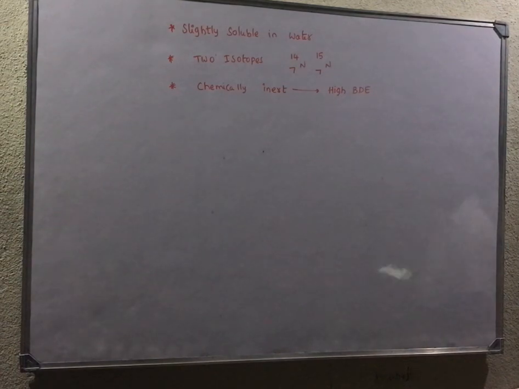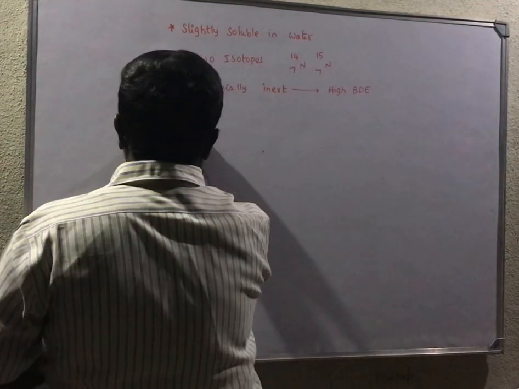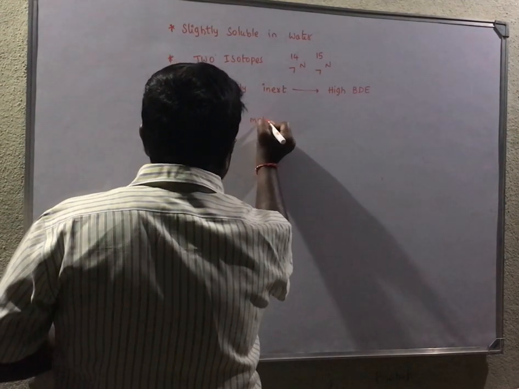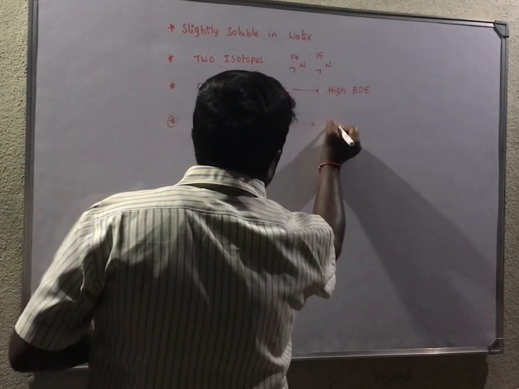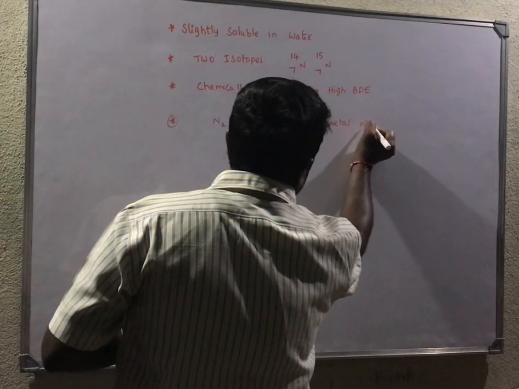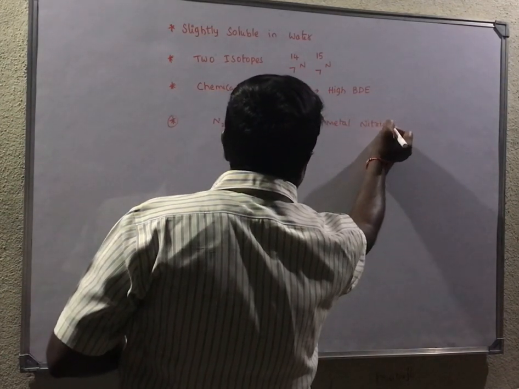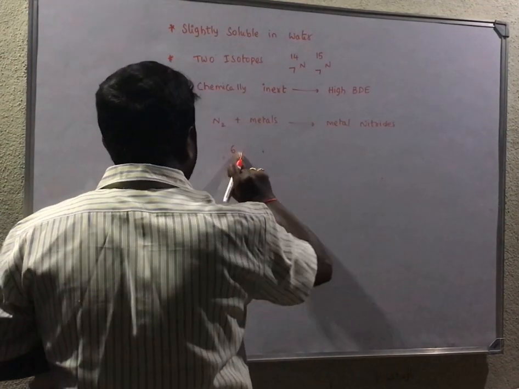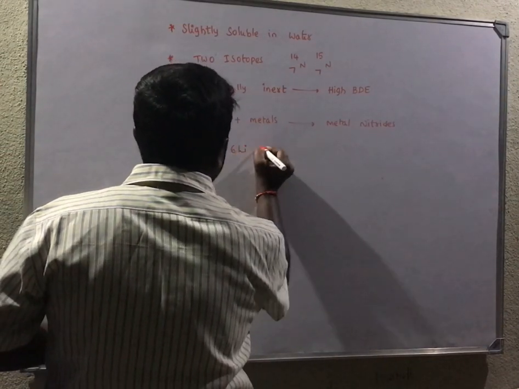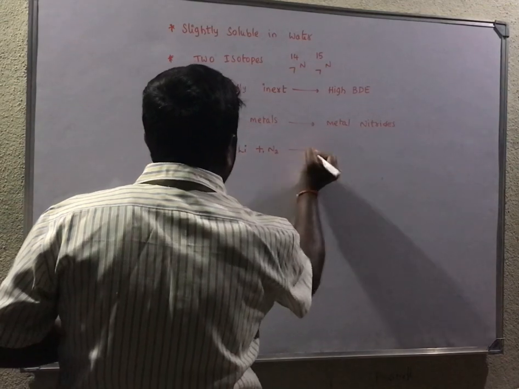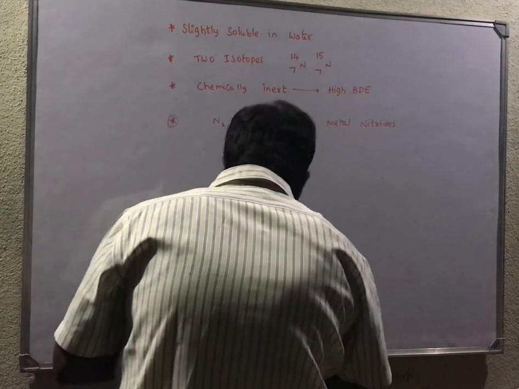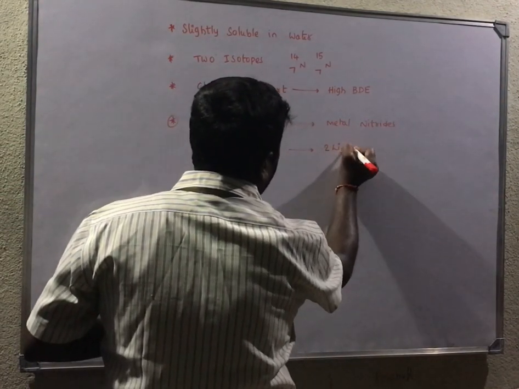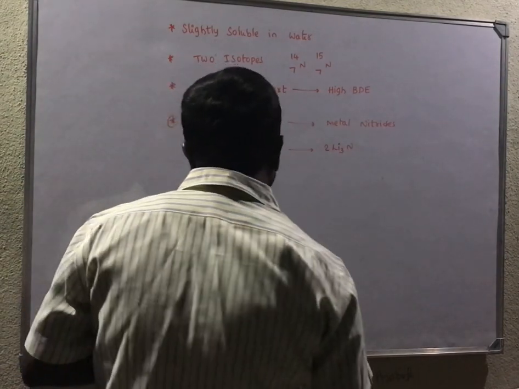Next, nitrogen reacts with metals to form the corresponding metal nitrides. 6 moles of lithium react with nitrogen to form Li3N, lithium nitride.